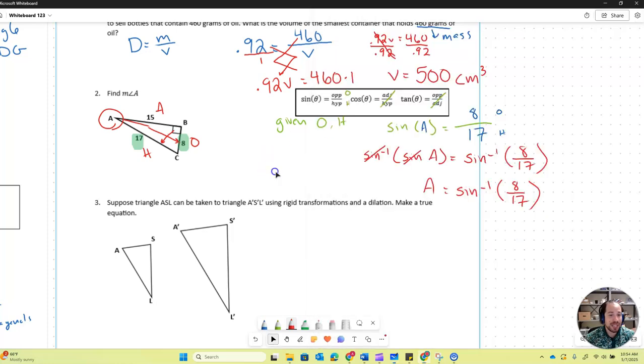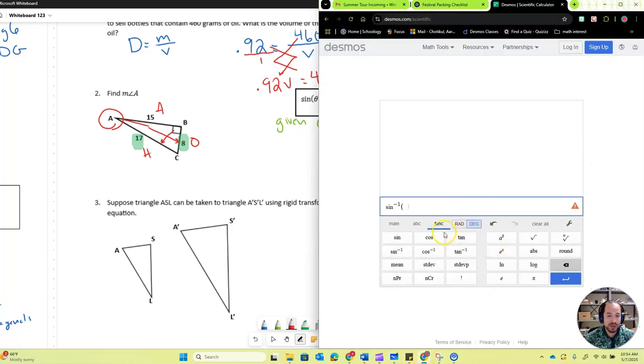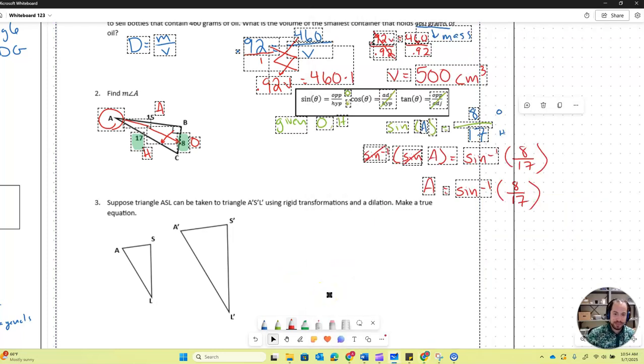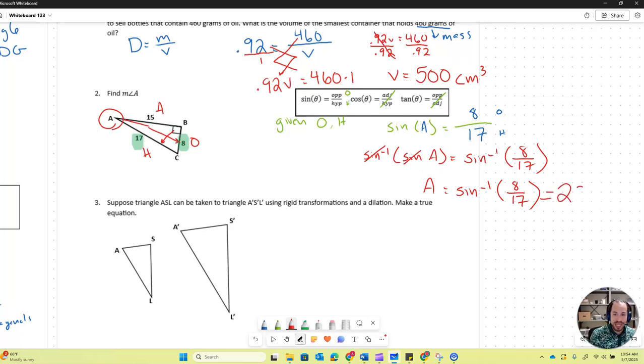We type in sine inverse of 8 divided by 17. Notice this gives me 28 degrees. I'm just going to round to the nearest whole number, which is 28. So this equals 28 degrees because this is an angle.